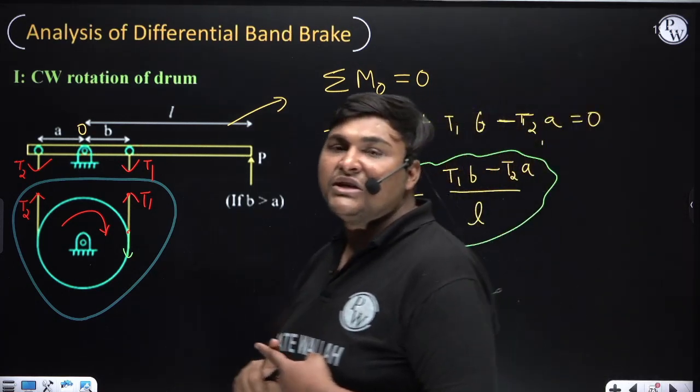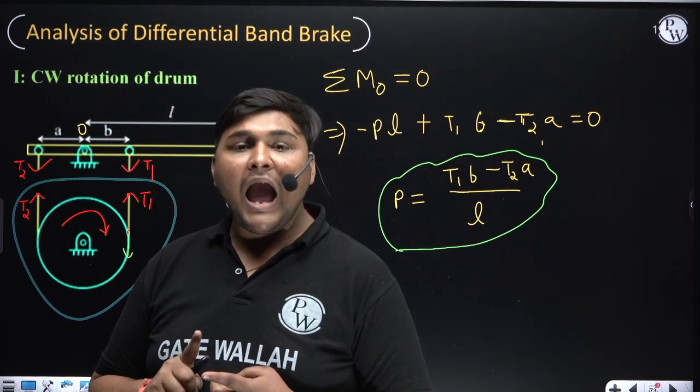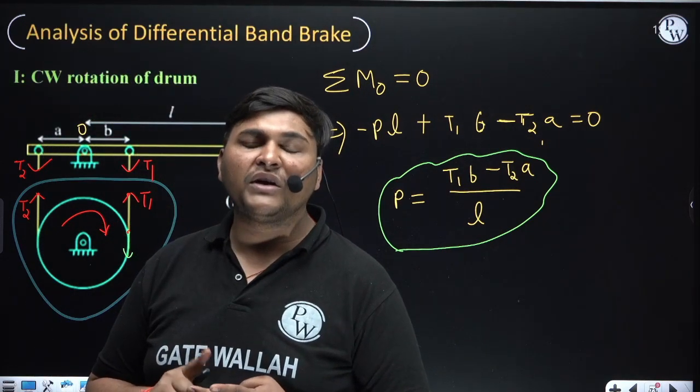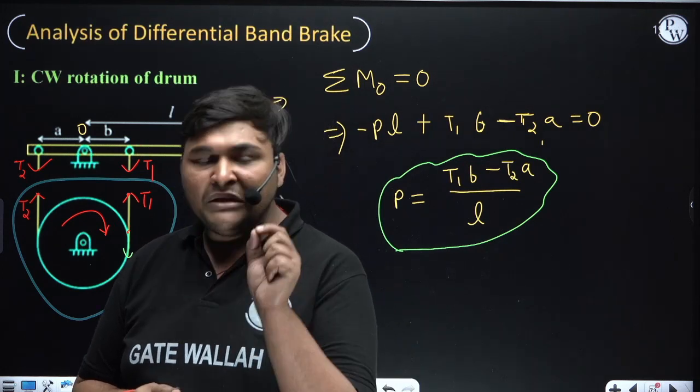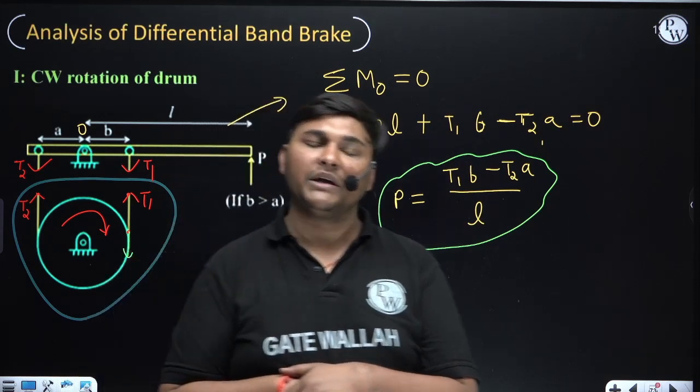When I was discussing the shoe brake, I already discussed that if the direction of movement of effort P about the fulcrum and the direction of movement of friction force about the fulcrum are the same, then the brake will be self-energizing, because in that case friction will try to reduce the braking effort.